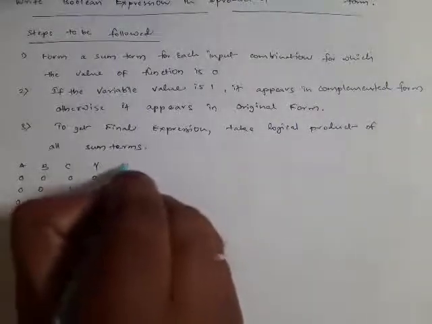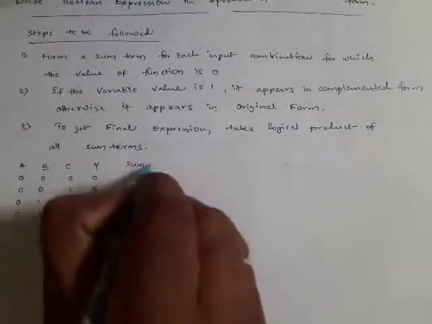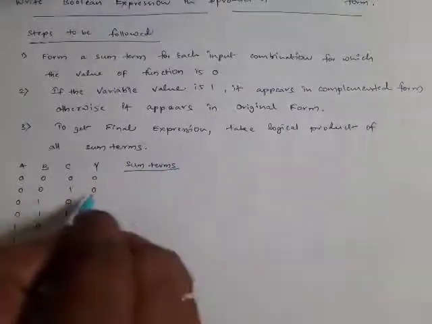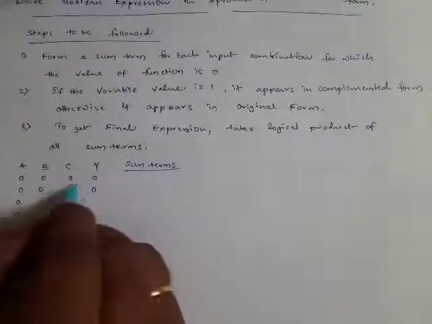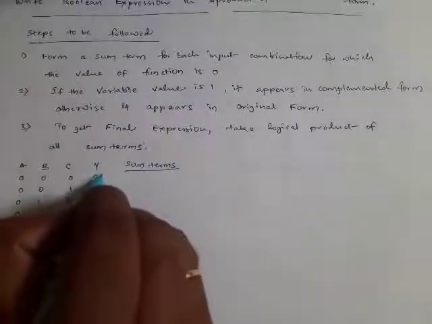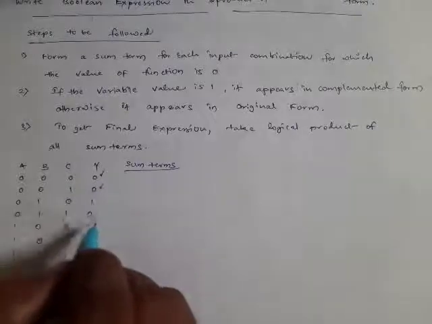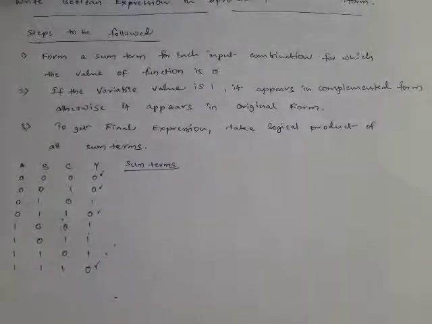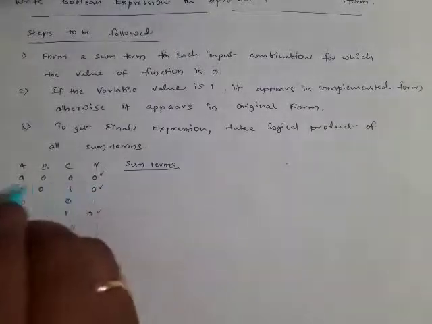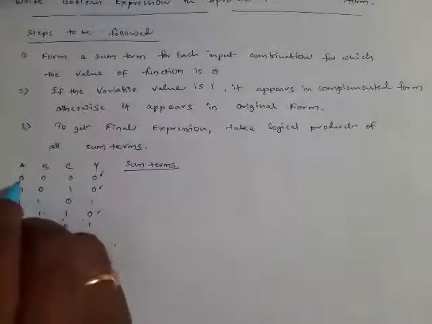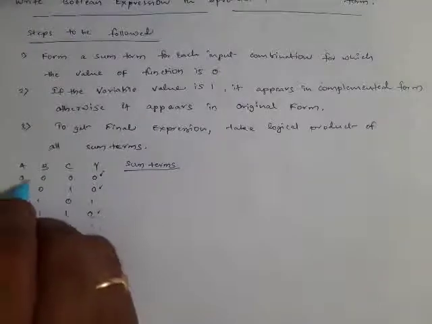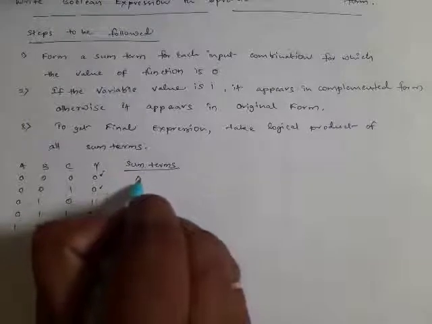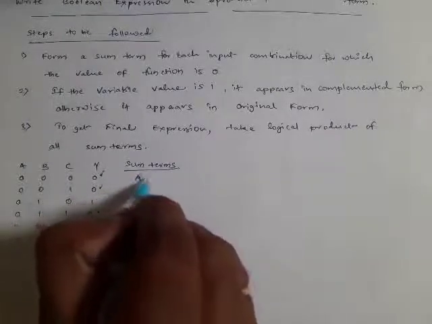Here we need to obtain the sum terms, and we will write sum terms only for the combinations of input for which the function is equal to 0. That means these combinations. And while writing sum terms, we write the variable in its original form when its value is 0. So since a value is 0, a is written in its original form.